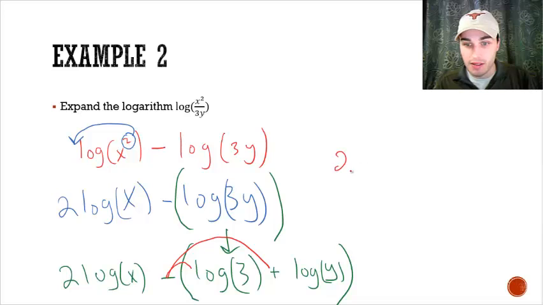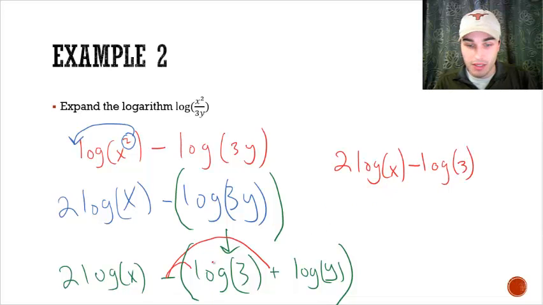So the final answer, then, it's still 2 log x, but now it's minus log 3. And this also has to distribute over to this plus sign and change that to a minus sign, minus log of y.